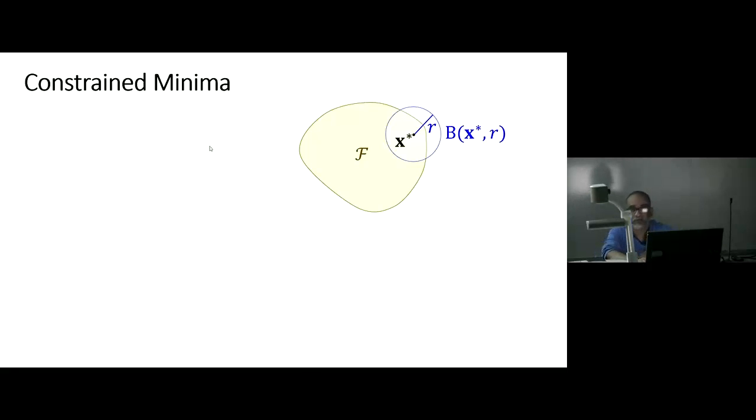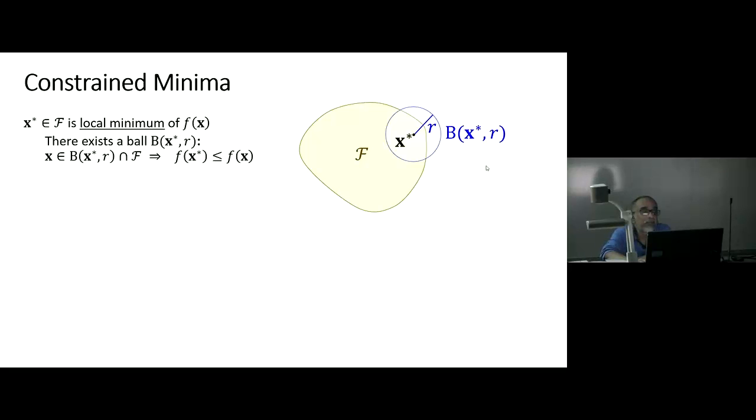Constrained minima. So this shaded region here is the set of all feasible points. And this point is x star, and I draw a ball with radius r around x star. So x star is a local minimum if you take any point in the intersection between this ball and this feasible region.